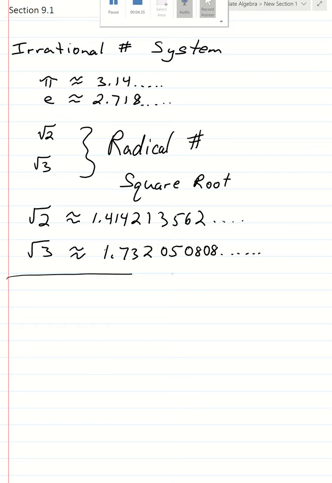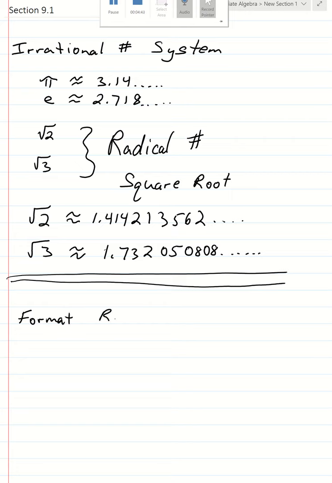Now, there are going to be all different types of radicals that you are going to encounter. All right? And the basic format of your radical numbers is going to look something like this. You're going to have this funny looking symbol, that's the radical symbol.